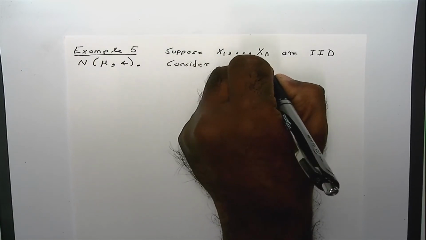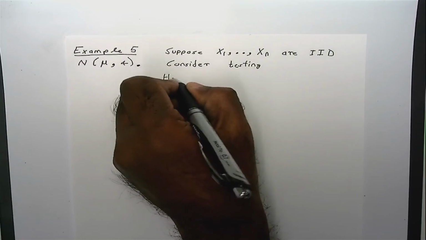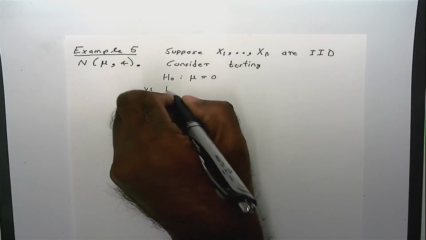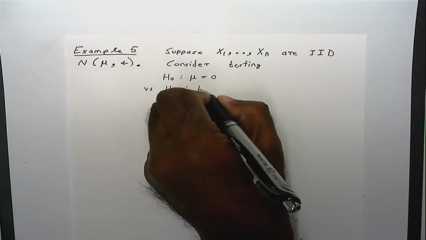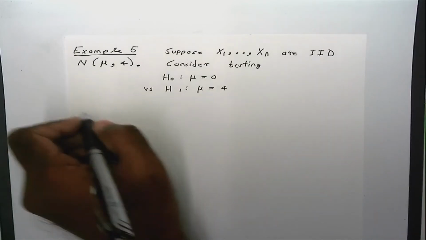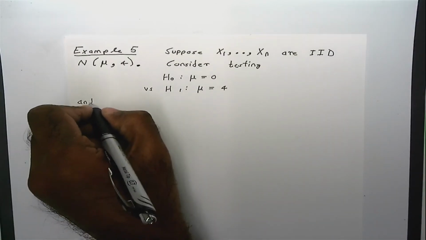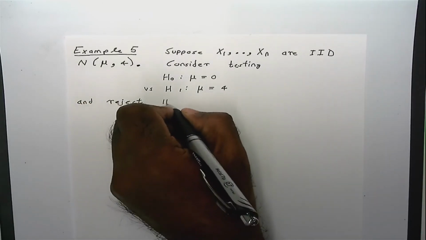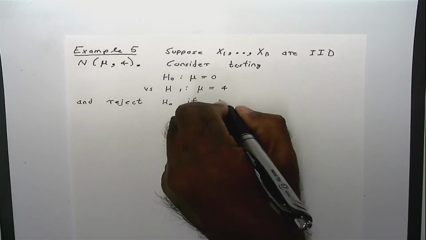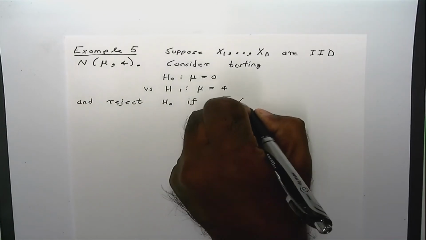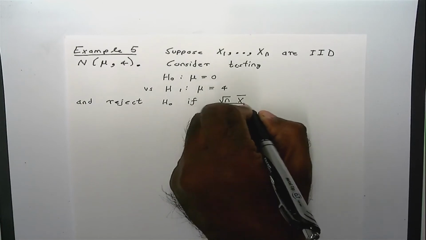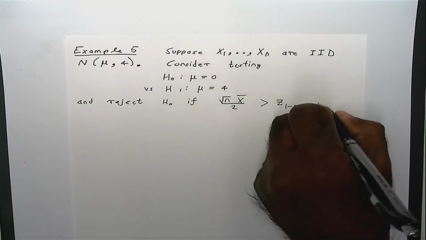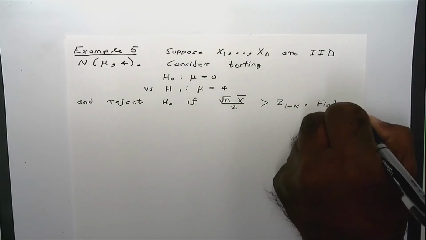Consider testing the hypothesis that mu equals 0 versus the alternative that mu equals 4. And reject the null hypothesis H0 if the following is true. Okay, the question is to find beta.